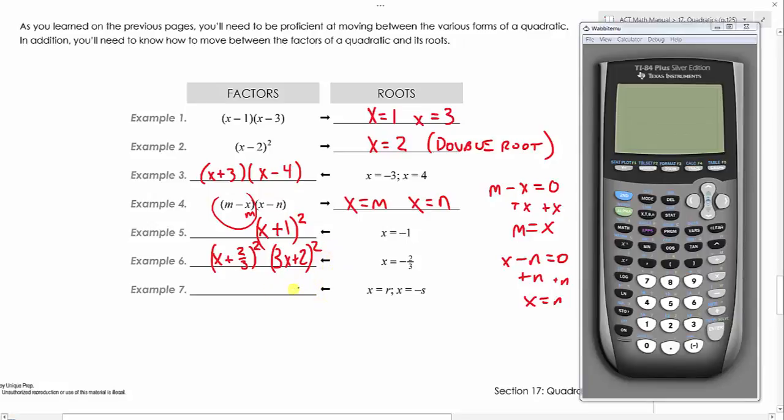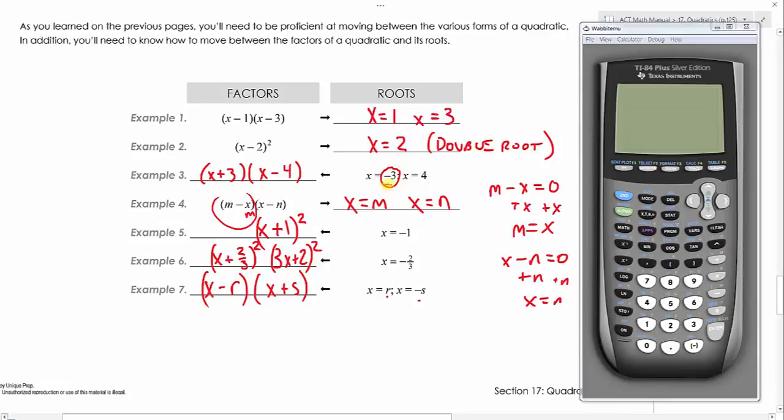So example 7, if we know that r and -s are roots, we do something very similar to what we've done in these other examples. We basically just go x minus r is going to be one factor and x plus s is going to be the other factor. In case you didn't recognize the pattern, basically what you're doing is taking the opposite of the number in terms of sign and putting it after an x.